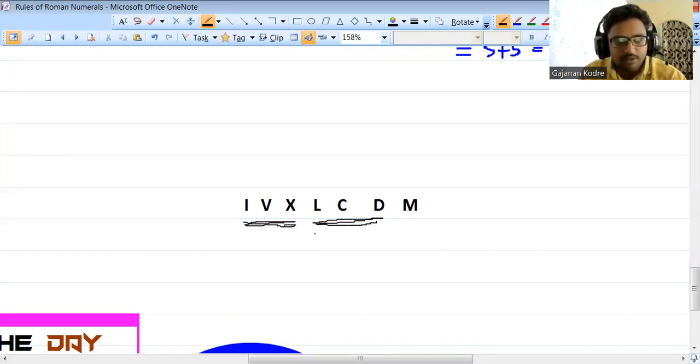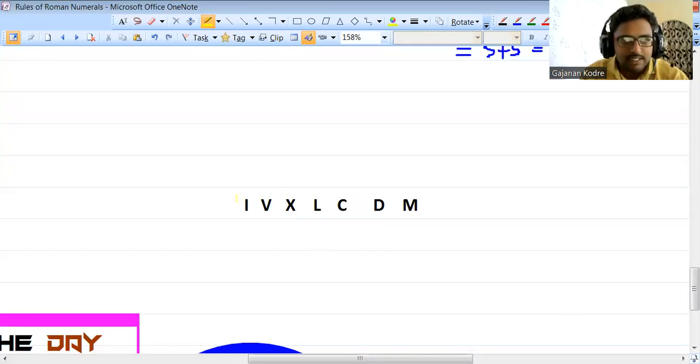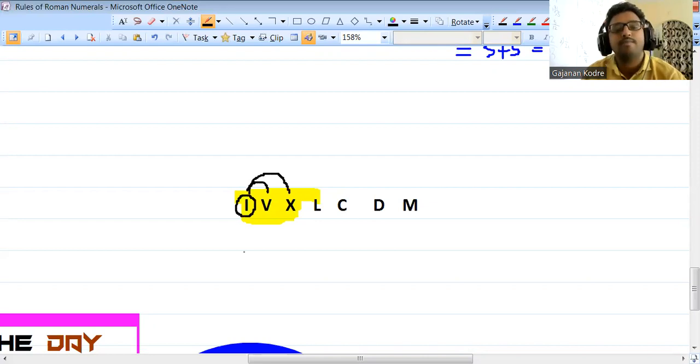Or let's forget about the pairs, I'll tell you with colors. Like this you will color the first three: I, V and X. These colors tell us that I can be subtracted from V and X only.